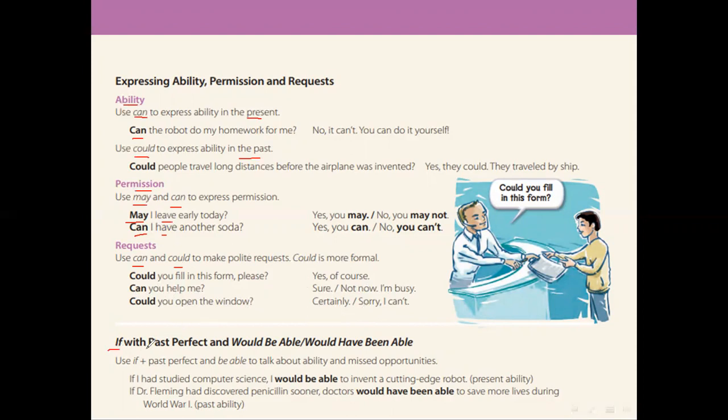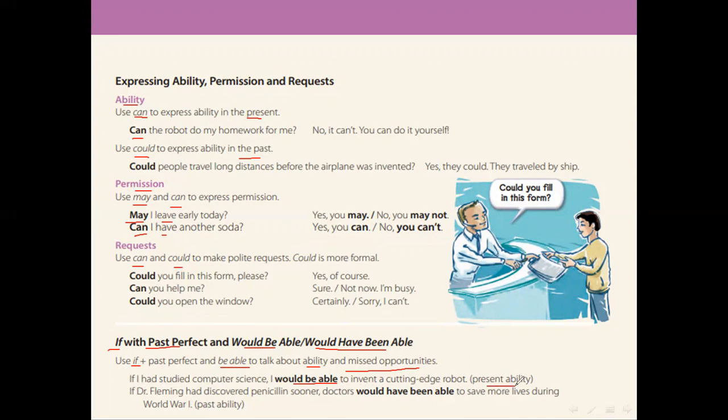If with past perfect and would be able or would have been able. Use if plus past perfect and be able to talk about ability and missed opportunities. For example, if I had studied computer science, I would be able to invent a cutting-edge robot.